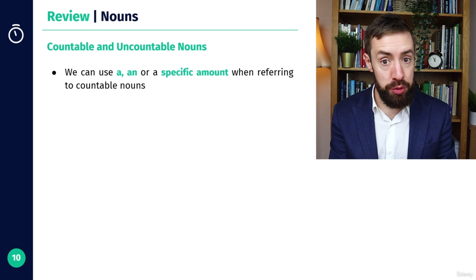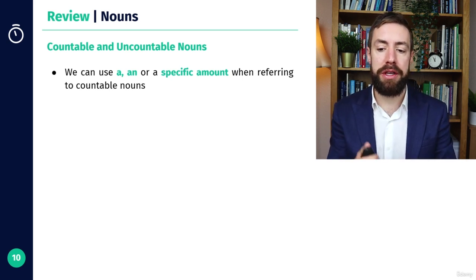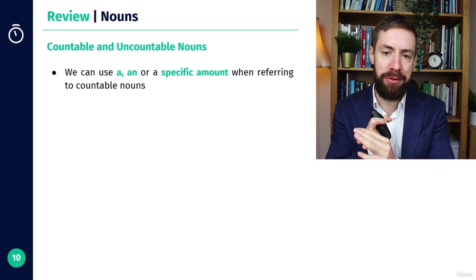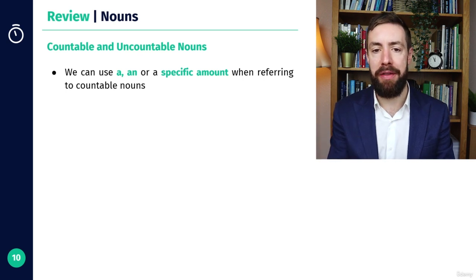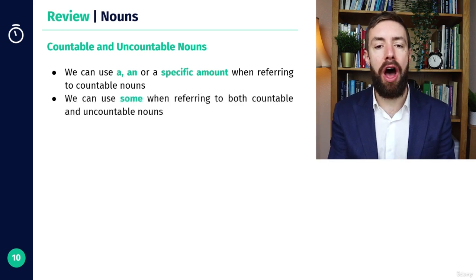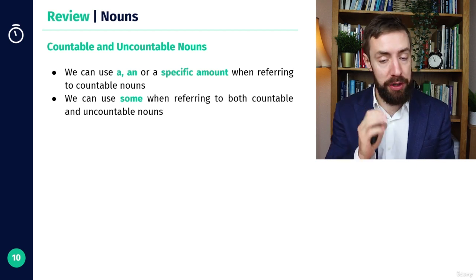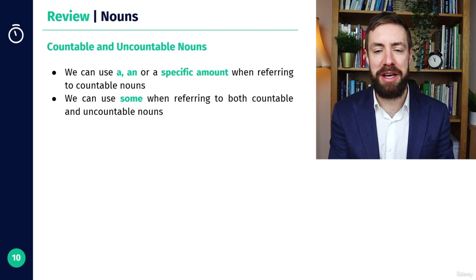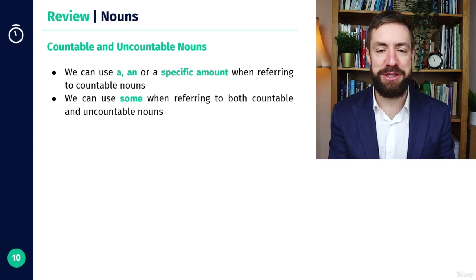And we have some rules for the grammar of that. If it's a countable noun, we can use a or an, or a specific amount like 5 or 10 or 1,000,000 when we're talking about them. And if it's uncountable, we can use the word some, but we can also use some for countable nouns as well. So some is a pretty useful one if you're not sure, is this word countable or uncountable?